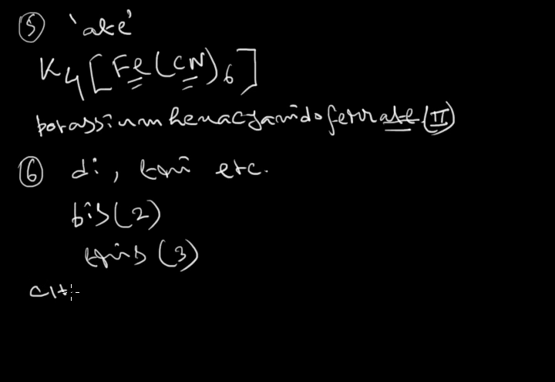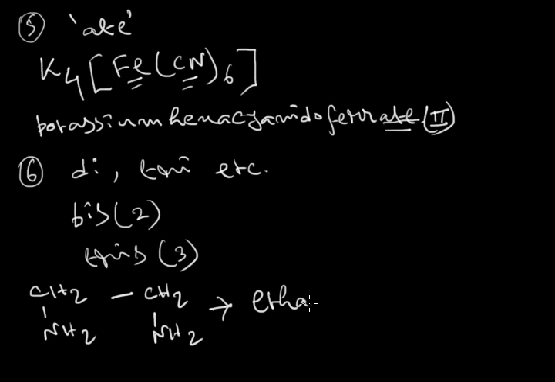CH2NH2, CH2NH2. This ligand is called ethane, because 2 carbon atoms are there, so the term eth is used.